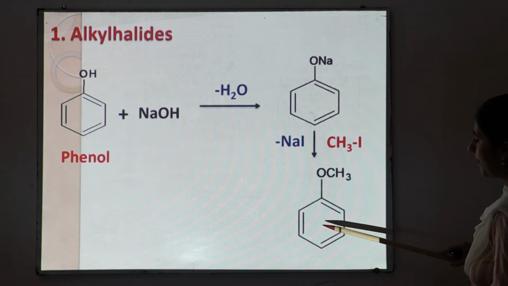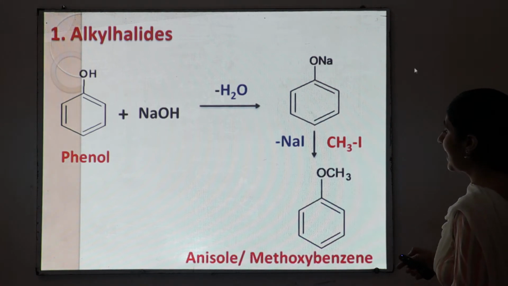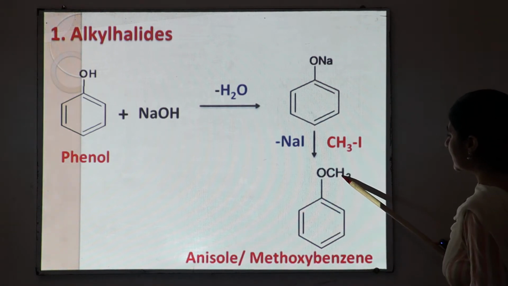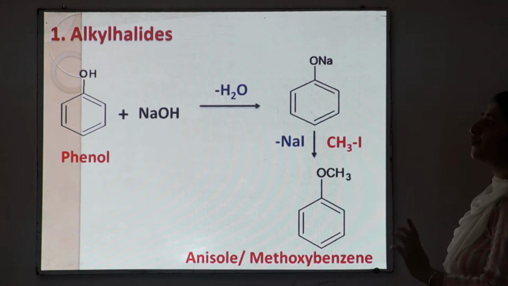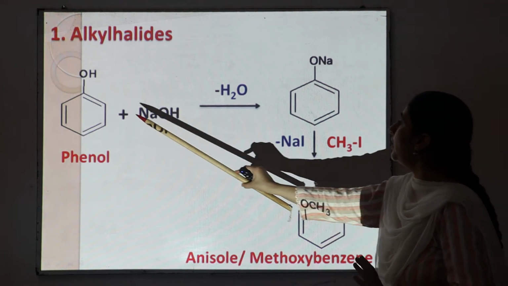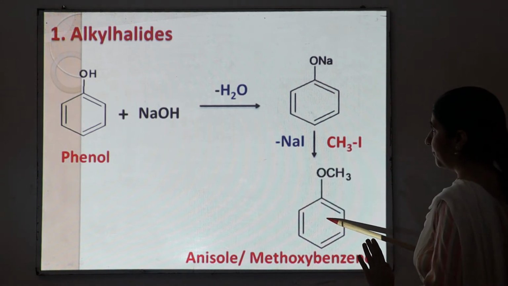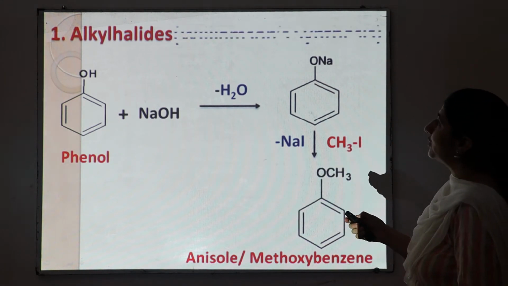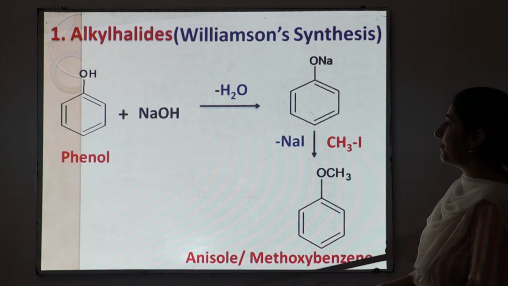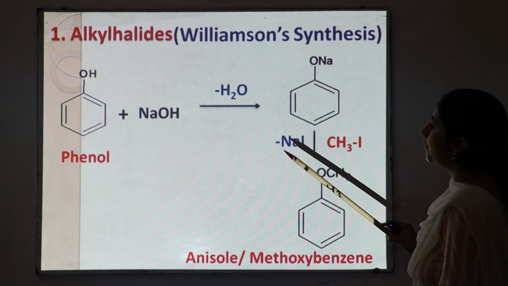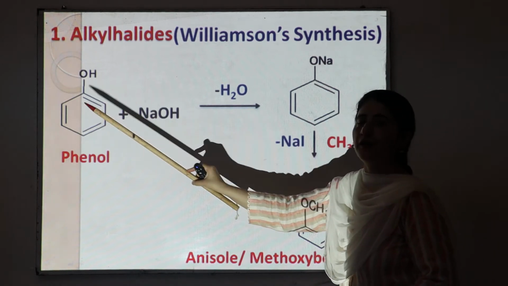The name of this compound is anisole or methoxybenzene. This reaction is used for the conversion of phenol to ether, and this reaction is known as Williamson synthesis, which is used for the preparation of ether from phenol.